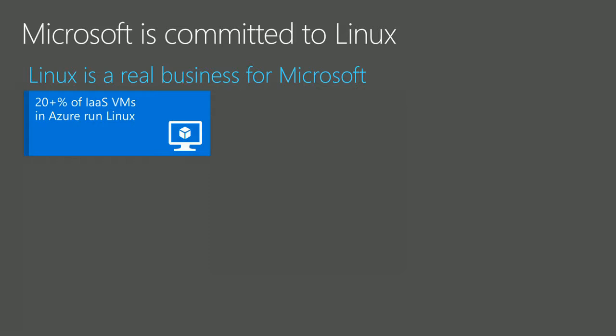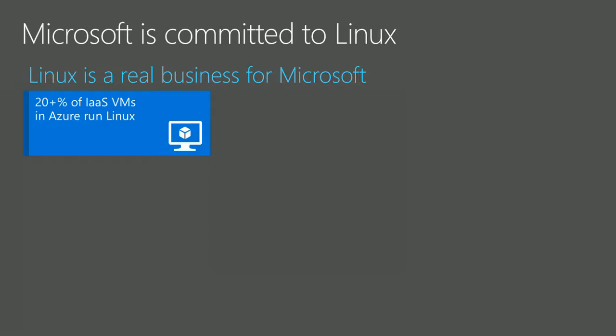Out of that, 20% of VMs are actually Linux. That means for every 5 VMs, 1 VM is running Linux. And this is all global Azure. If you look at some of the regions like China, where Jason and I are based, for many of the enterprise customers, it's almost 50% of what the customers are running that is Linux-based. It's even higher.